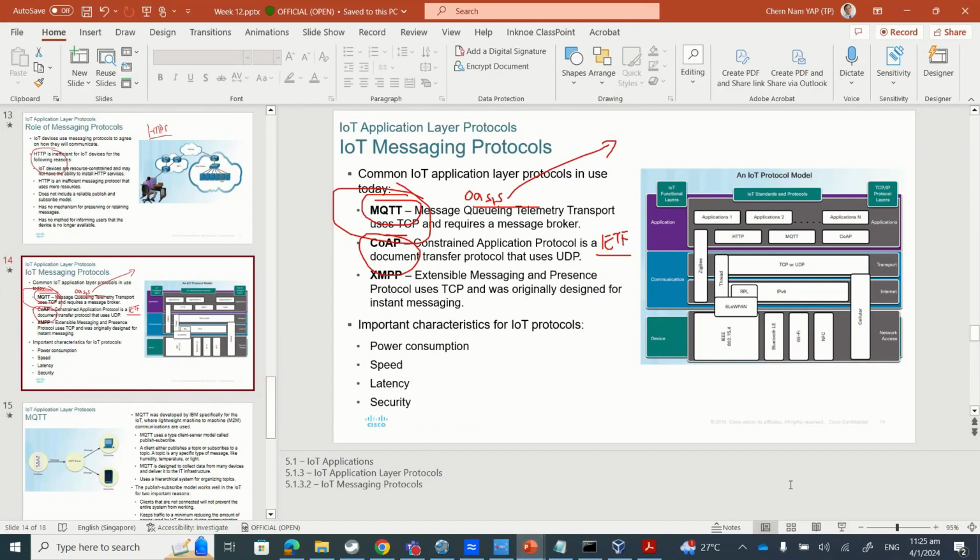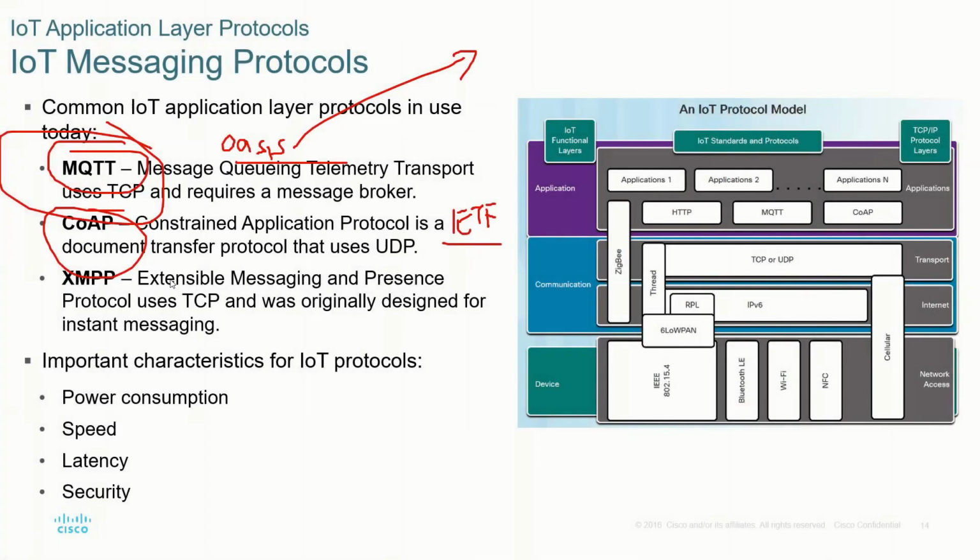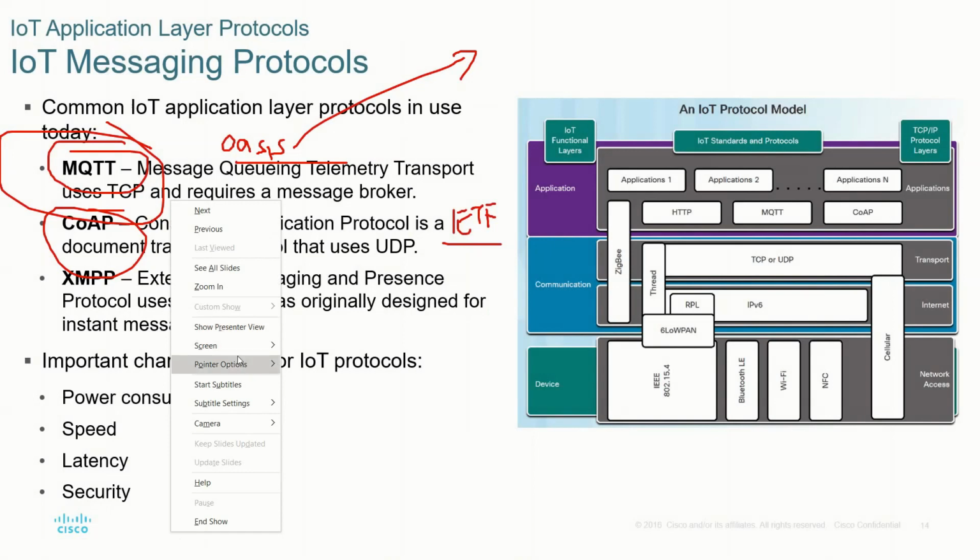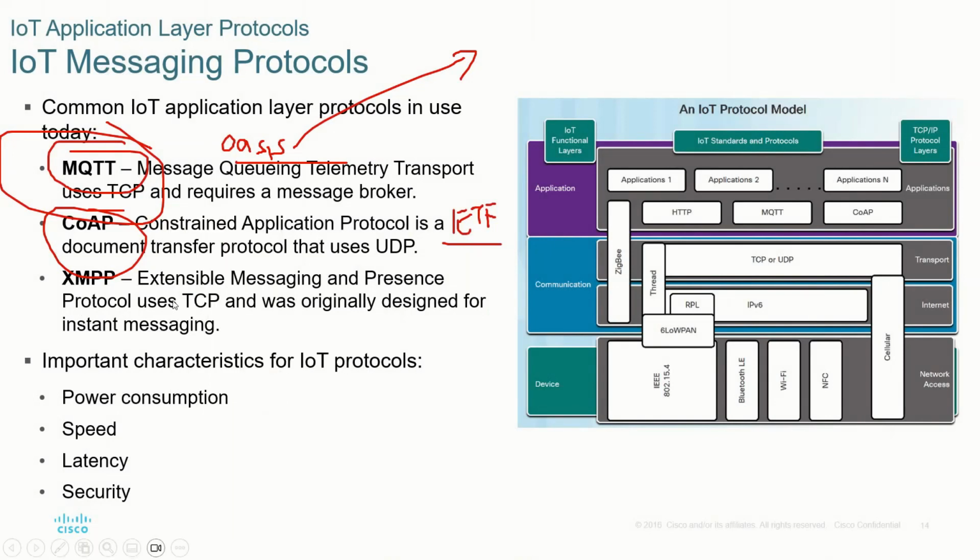Then you have XMPP. XMPP is another protocol used for instant messaging. People may be using this, but not a lot of people. Most people are using MQTT. Some of the characteristics of these IoT protocols are power consumption, speed, latency, and security.